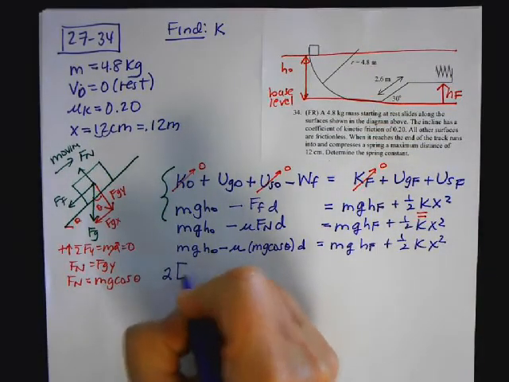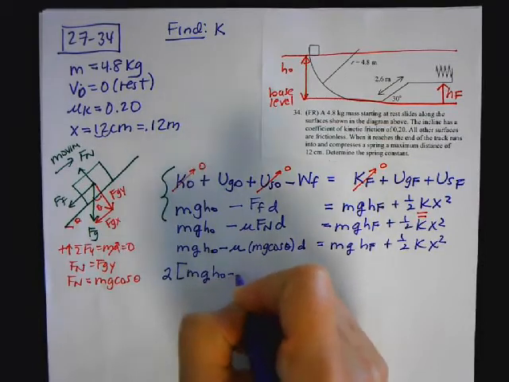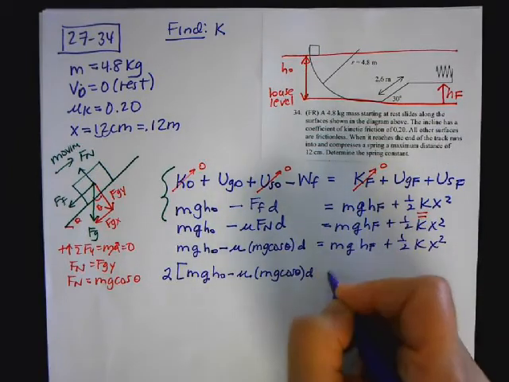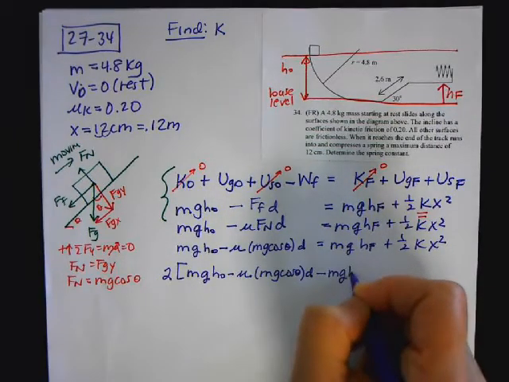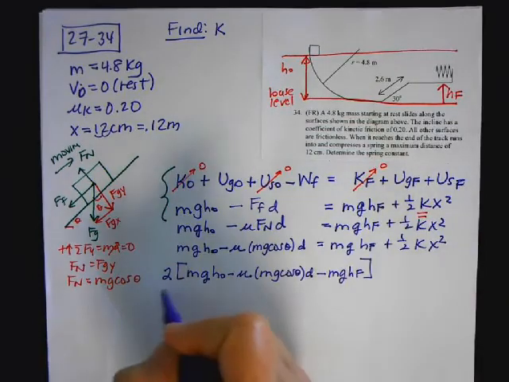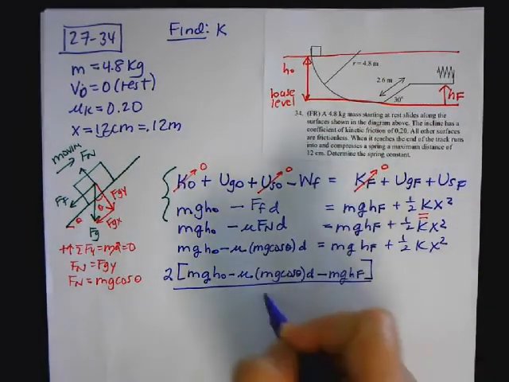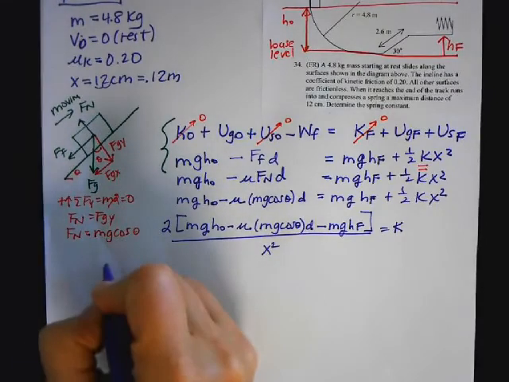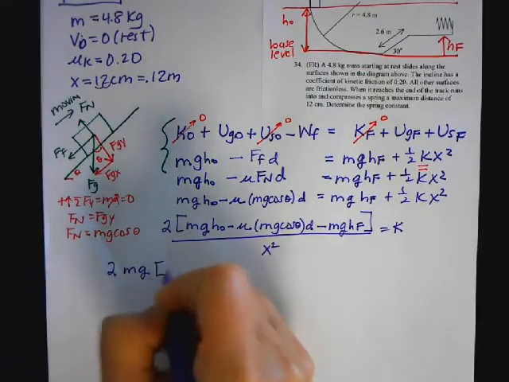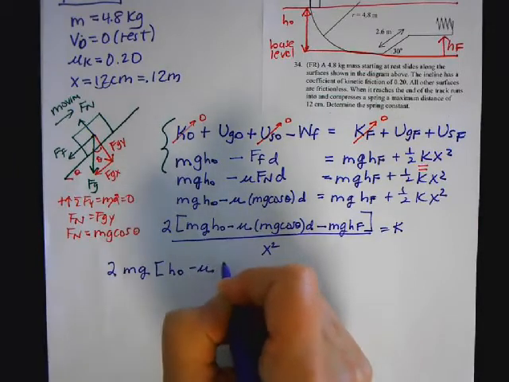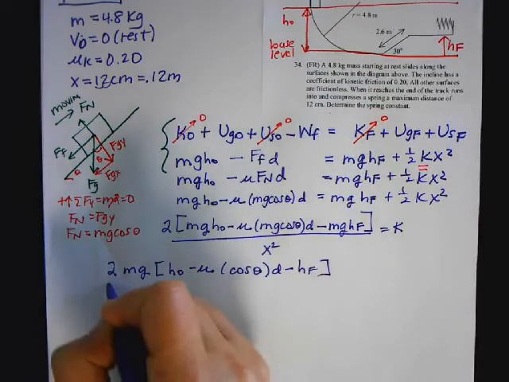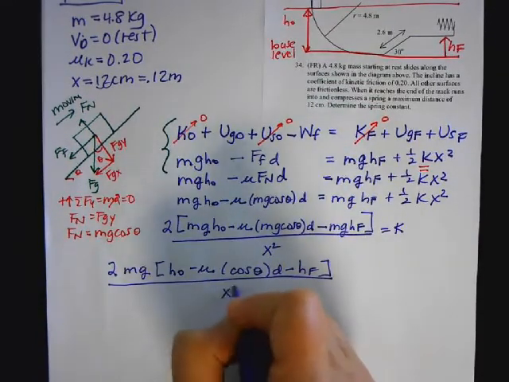So I'll have 2 mg h naught minus mu mg cosine theta times d. I'm going to move this to the other side, minus mghf. Then I'll divide by x squared is equal to k. I can pull out the mg, make it a little bit easier. So now I can say 2 mg h naught minus mu cosine theta times d minus hf over x squared is equal to k.